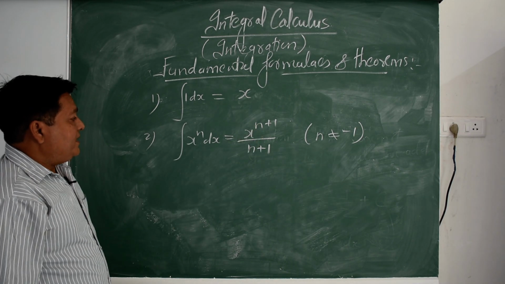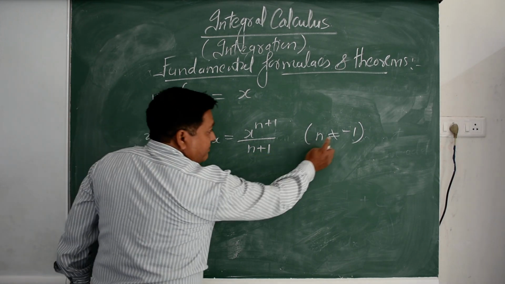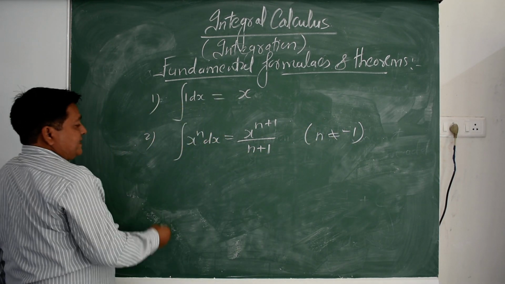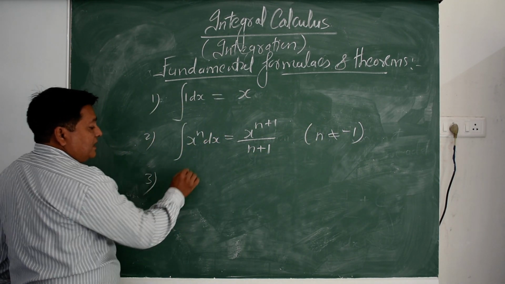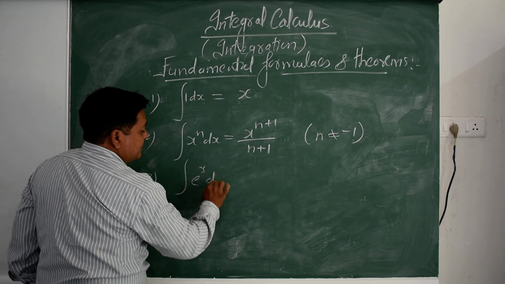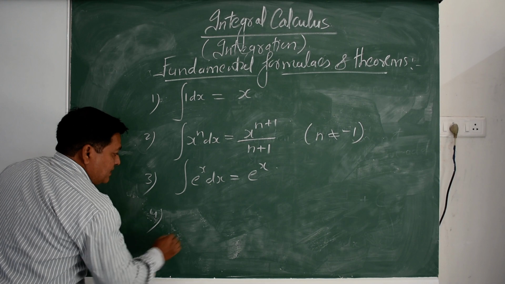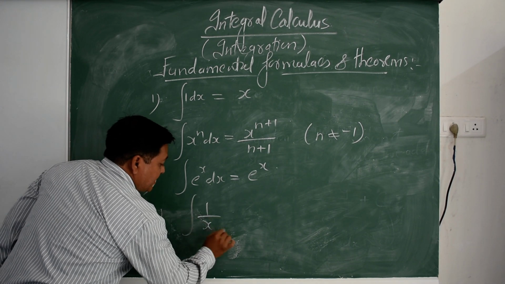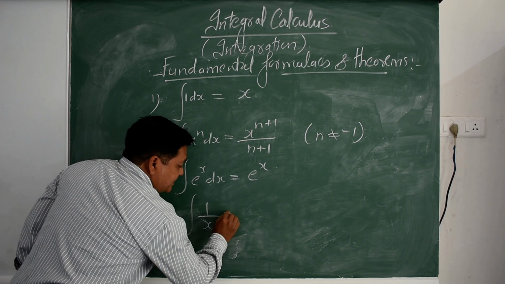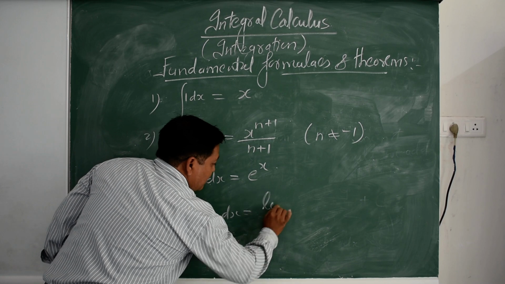So n should not be equal to minus 1 in this case. Third case, integration of e to the power x dx with respect to x gives e to the power x. Integration of 1 by x or x to the power minus 1 dx gives log x.